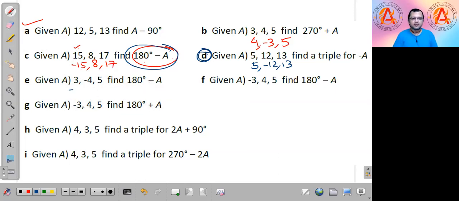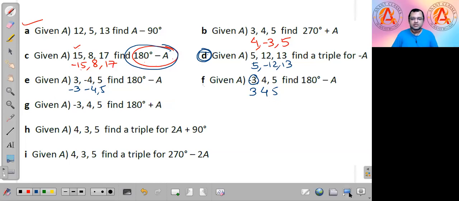You can use the shortcut method, only the sign of the first one will reverse. Then number F. Now F is also very easy. What is the F answer? So F answer is 3, 4, 5. Only the minus 3 sign will reverse. Yes.